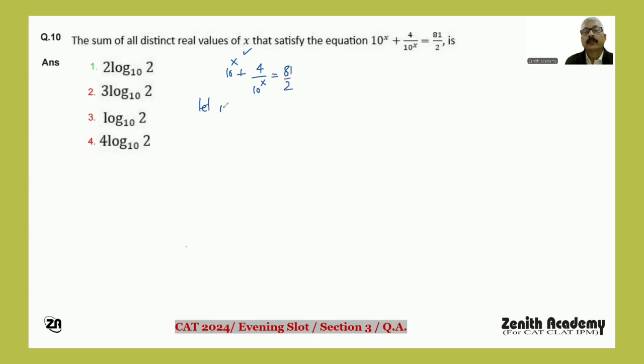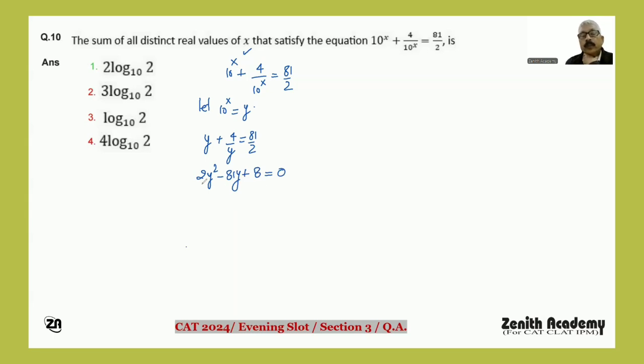Let 10 to the power x is equal to y. Then it is y plus 4 upon y is equal to 81 by 2. So you can write 2y square minus 81y plus 8 is equal to 0.